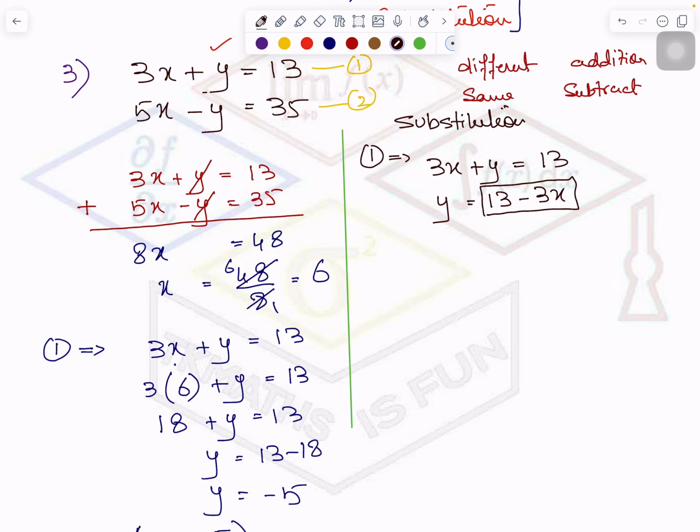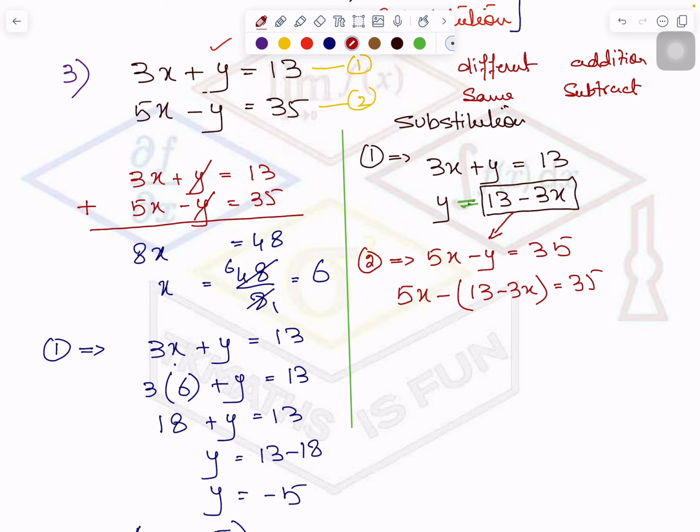This value of y, you will plug into equation 2. So equation 2 was 5x minus y equals 35. So in place of y, I will substitute this thing. Because what I am telling you here is that y is equal to this. Agreed? So I will write here 5x minus, in place of y, I will write this value.